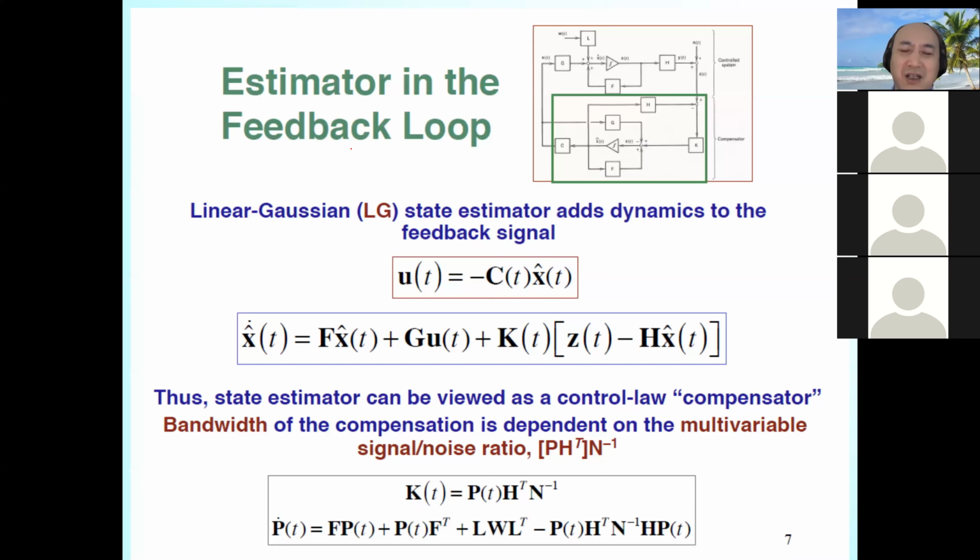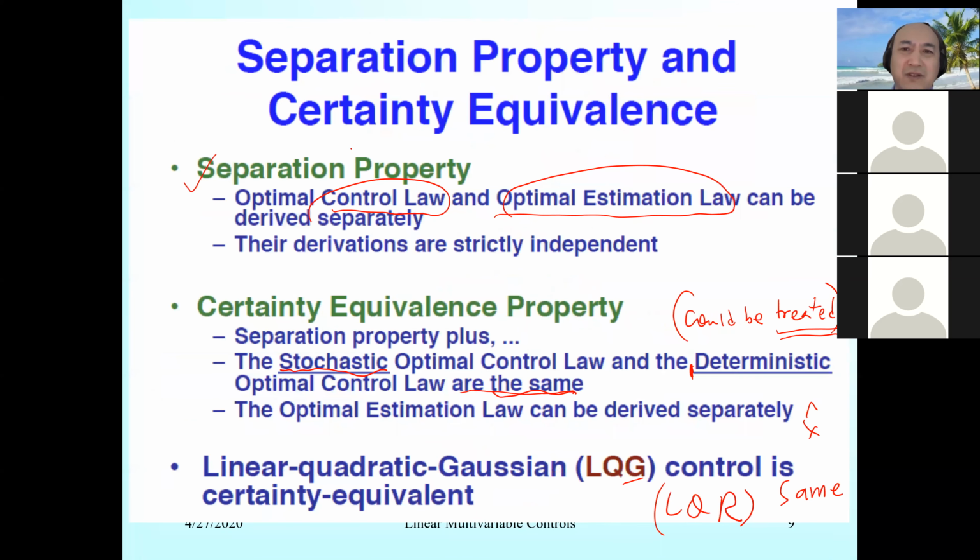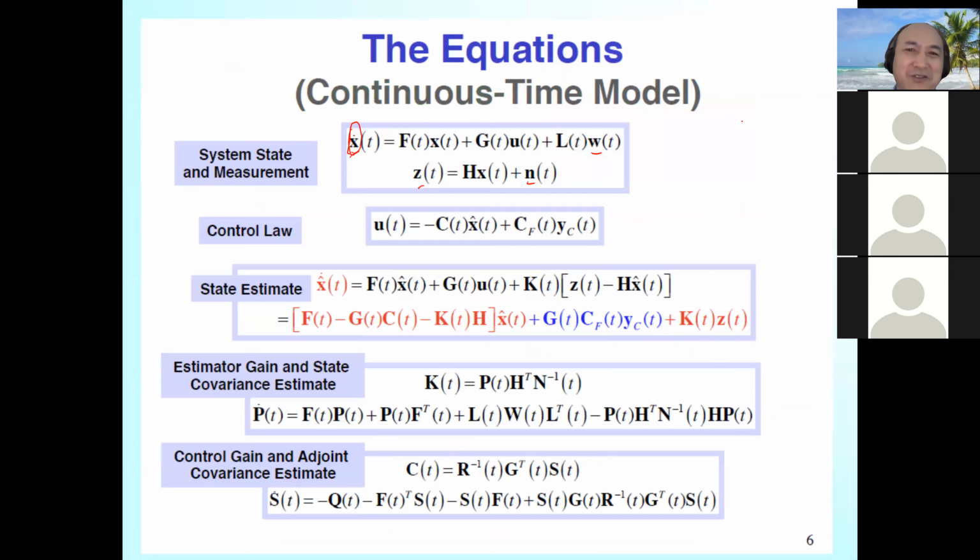That's called certainty equivalence. So don't panic. Control law is basically a time varying control gain in here, and if you have a given command output, you can put C of F in here. We'll come back to that later, okay?